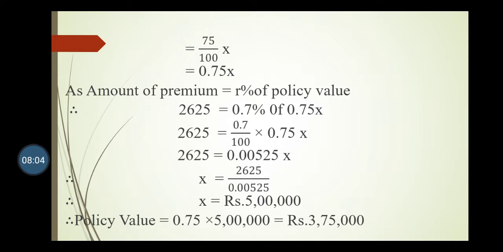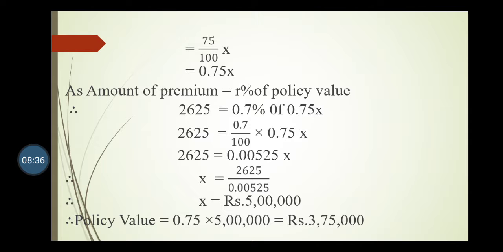0.75X. As amount of premium equals r% of policy value, so we have 2,625 equals 0.7% of 0.75X. So we have 2,625 equals 0.00525X. Therefore, X equals 2,625 upon 0.00525.